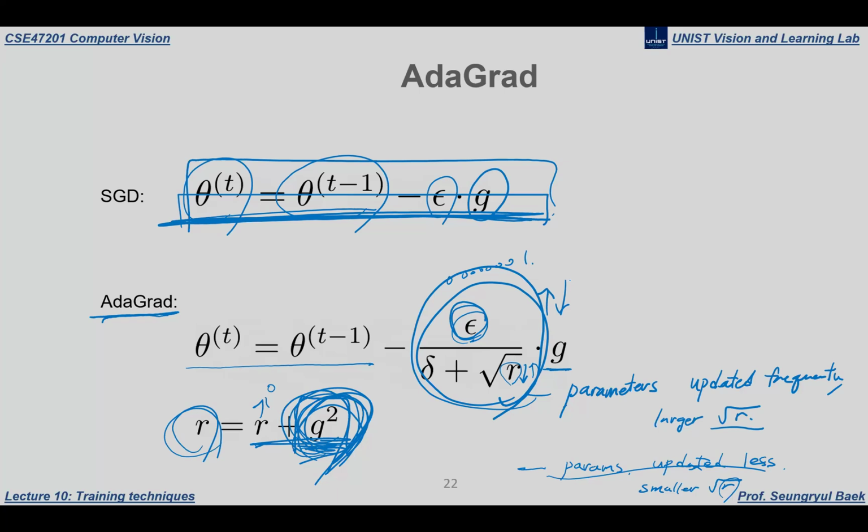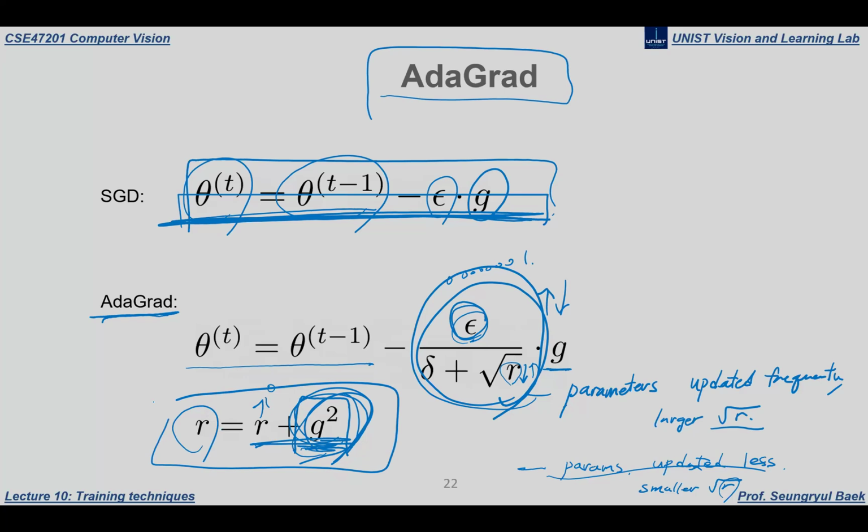So AdaGrad is doing that kind of thing. They are accumulating the gradient assigned to each parameter, and adjusting the learning rate for each parameter. Are you guys understanding this?